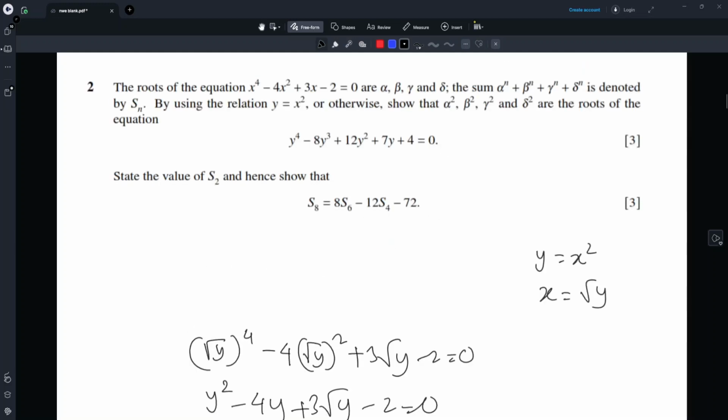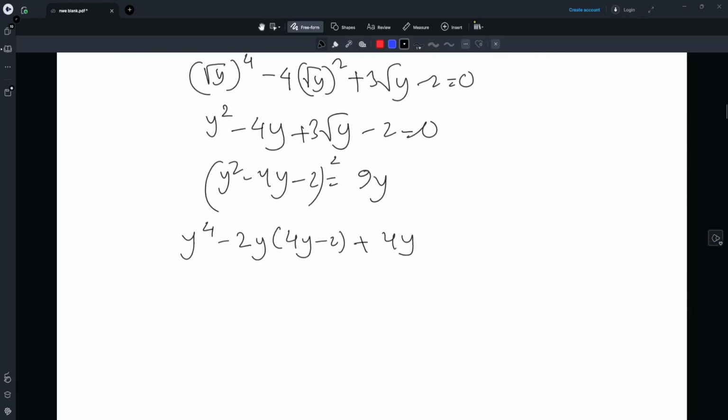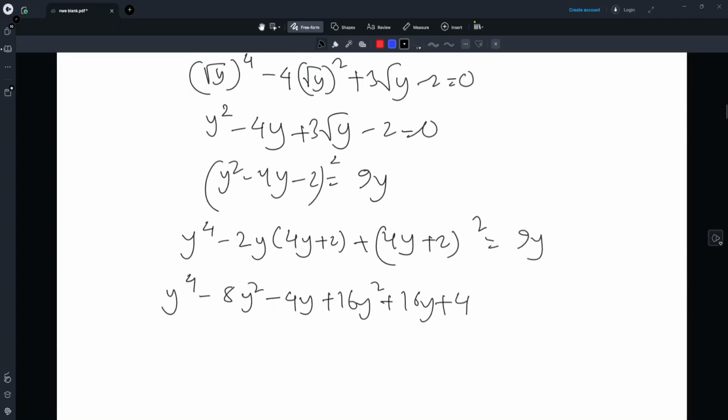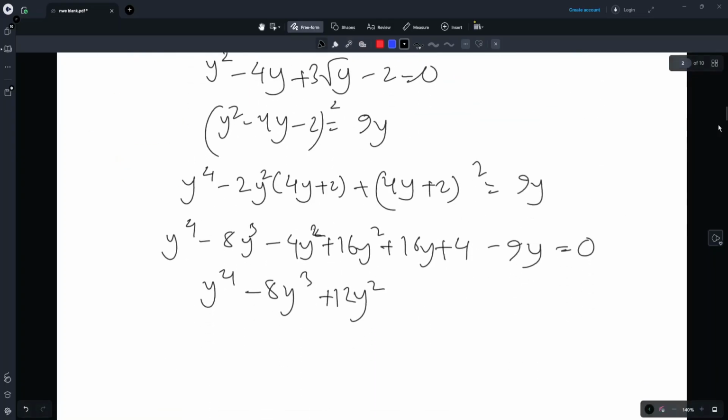So as a result, we have y to the power 4 minus 8y cubed, and it equals 4y squared. Oh wait, 4y squared and 16y squared. So we have here plus 12y squared, 16 minus 9 is 7, plus 4 equals 0. There we go.